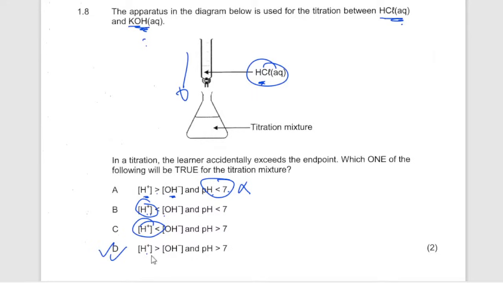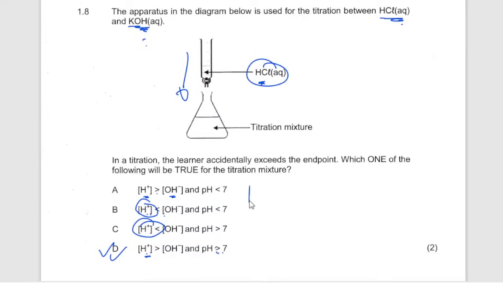But let's go through it. Hydrogen ions are greater than OH, yes, and the pH is less than... this pH is greater than 7? No, it's this one.